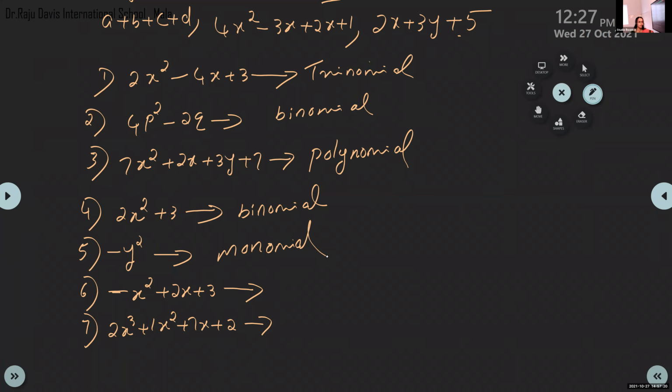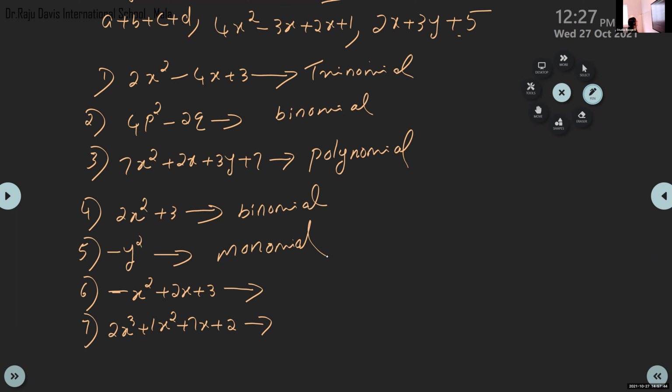Binomial means how many terms? 2. So in the sixth one, how many terms?